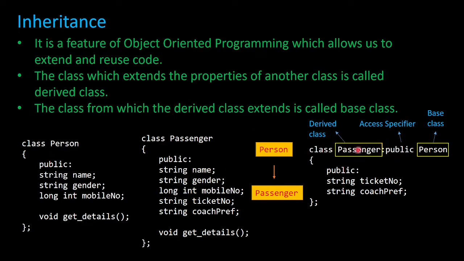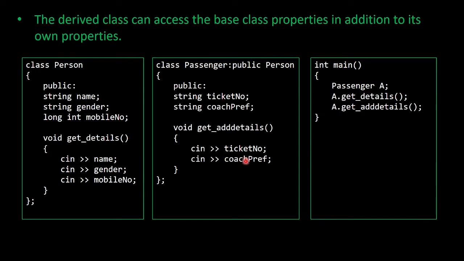This essentially means that the passenger class has inherited the member variables as well as the member functions of the base class person in addition to its two new member variables. So the derived class can access the base class properties in addition to its own properties as specified.